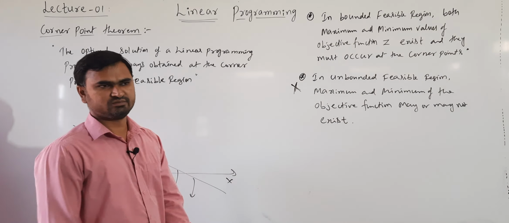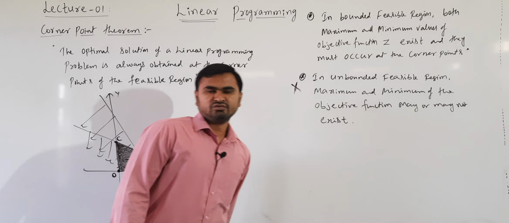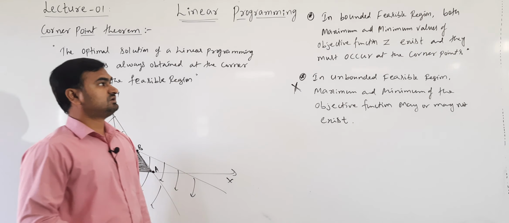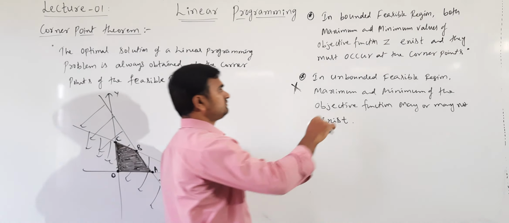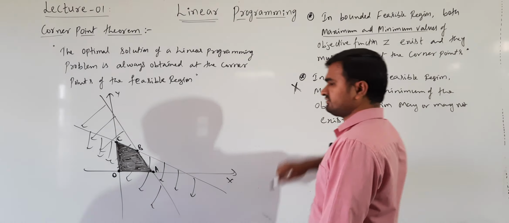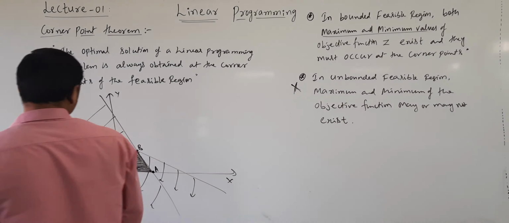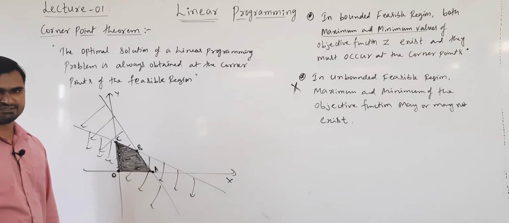As per the reduced syllabus, we don't study the unbounded region, so we will go through only the bounded feasible region, where both the minimum and maximum values of z exist, and only at the corner points.